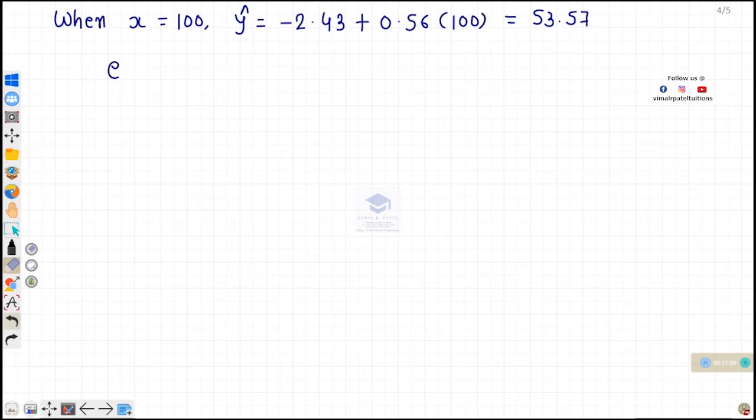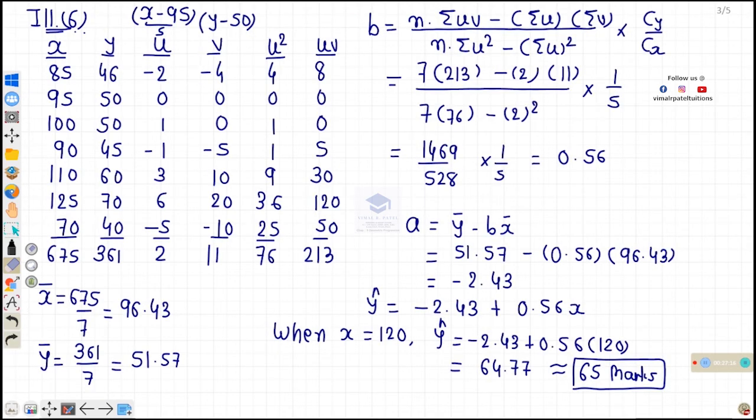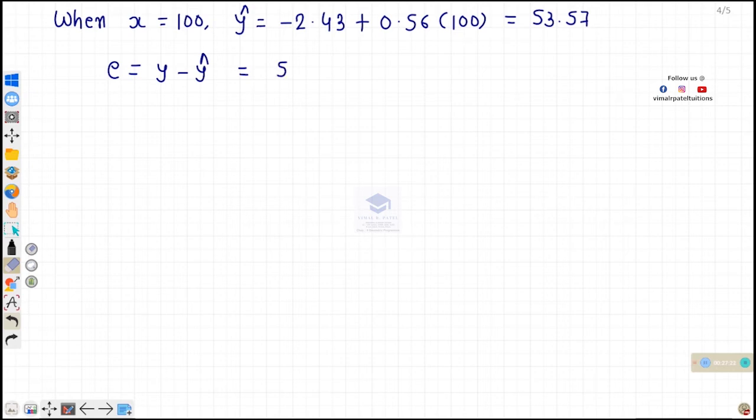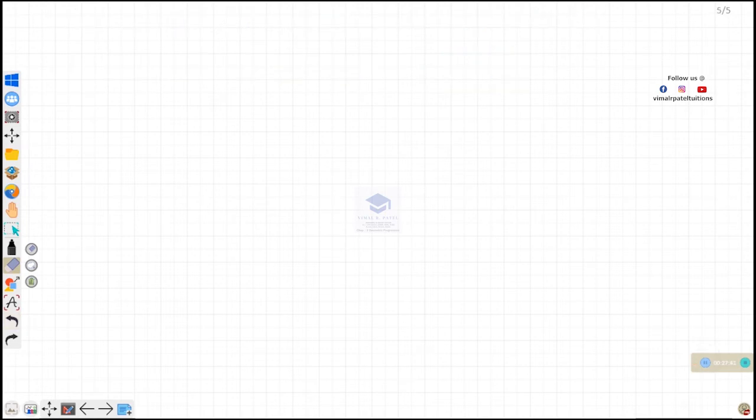Now E is the actual value of y minus the estimated value. So when x is equal to 100, the actual value of y is 50. The difference between the actual value and the estimated value is your error of estimation. Done.